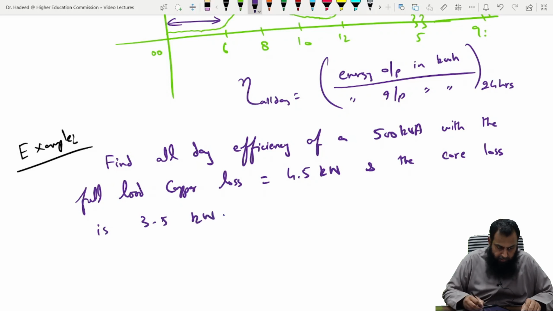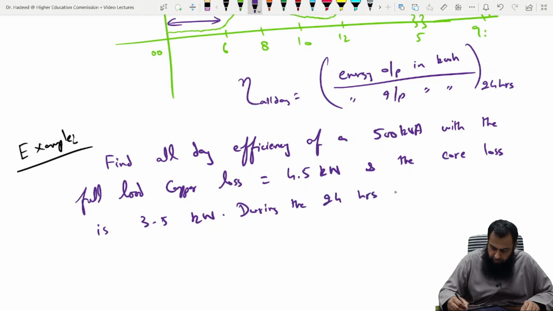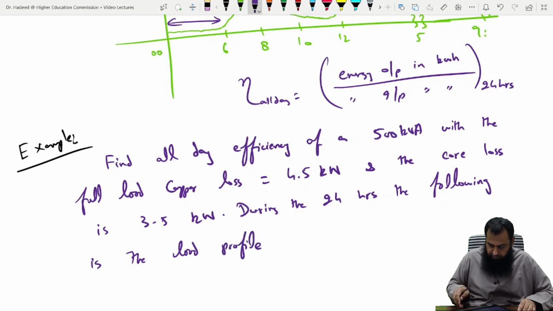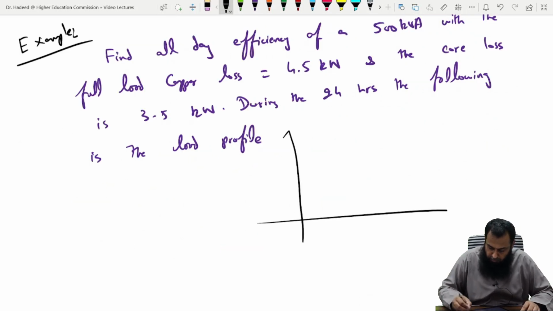Both are at full load. So during the 24 hours, the following is the load profile. So let us draw a load profile here.